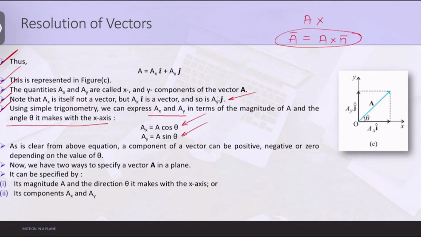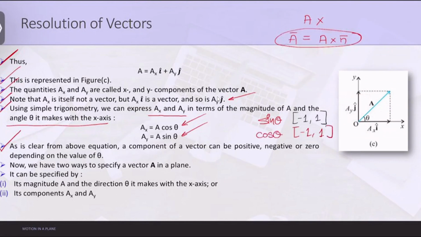As is clear from the above equation, a component of a vector can be positive, negative, or zero depending on the value of theta. We all know the range of sin theta is -1 to 1, with -1 and 1 included. Similarly, cos theta can also be in the range of -1 to 1.